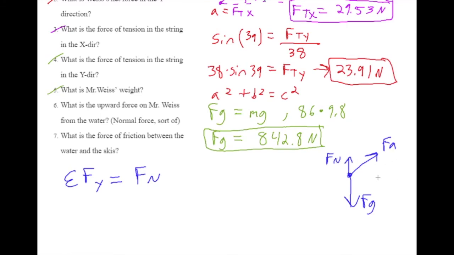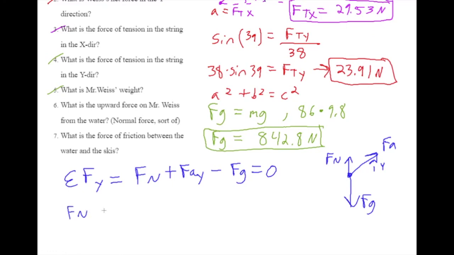Since our applied force is pointed upward, that means that the y component of our applied force is also going to be pointed upward, which means that we're going to have force normal plus our force applied in the y direction. And then gravity points down, so we're going to subtract gravity. We know the net force is equal to 0. Now we can go ahead and add force gravity over to the other side.